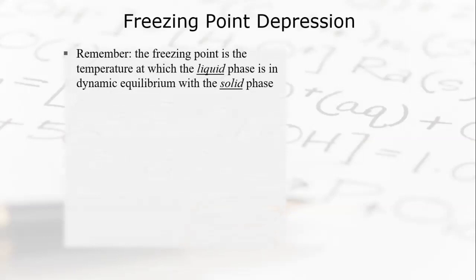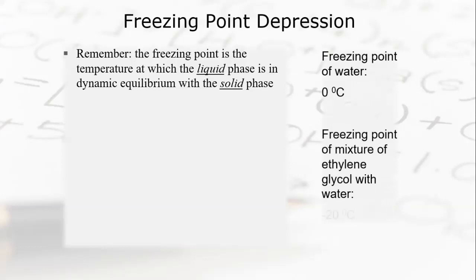So remember that the freezing point, we said, is a temperature. It's the temperature at which the liquid phase is in dynamic equilibrium with the solid phase. This is the point at which the rate of the liquid freezing equals the rate of solid melting, until the energy you've removed is sufficient to move everything in the direction of freezing the liquid.